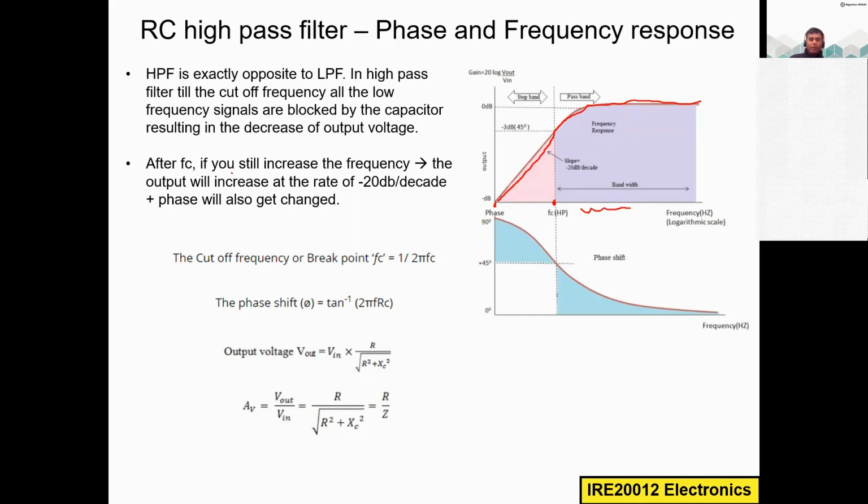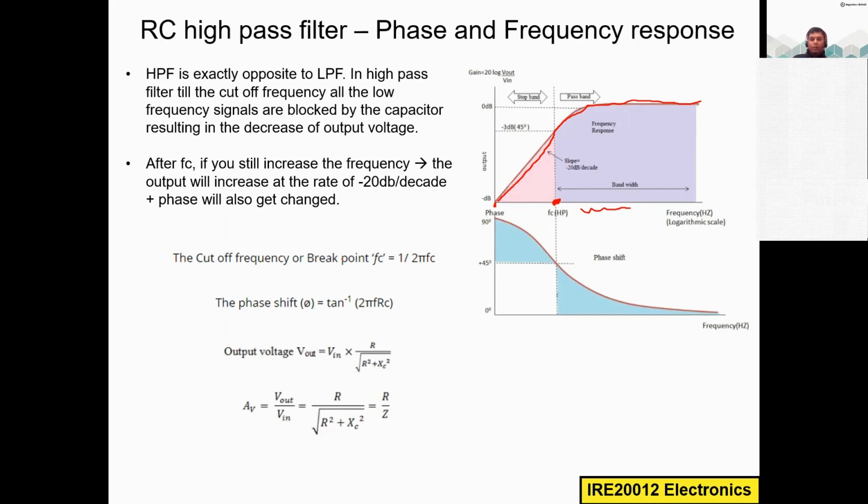After FC, if you still increase the frequency of the input signal, the output will increase to the maximum at the rate of 20 dB per decade, and the phase will also change. So this is the phase.